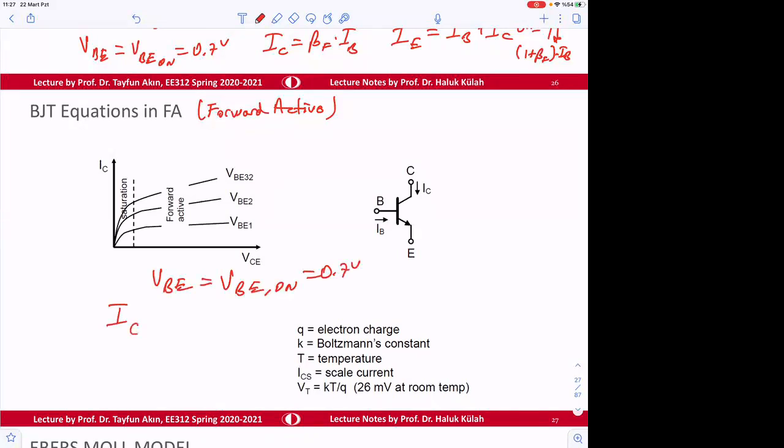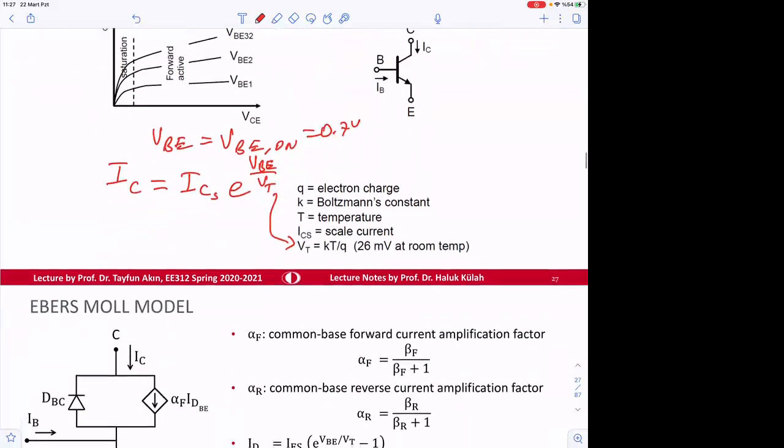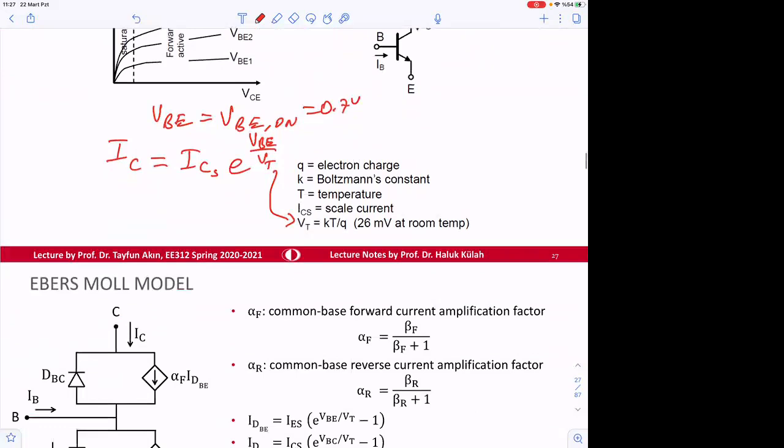Collector current, in fact, is going to be equal to IS e to the power VBE divided by VT. This VT is not threshold voltage. VT is this value, and that's how we can model it.